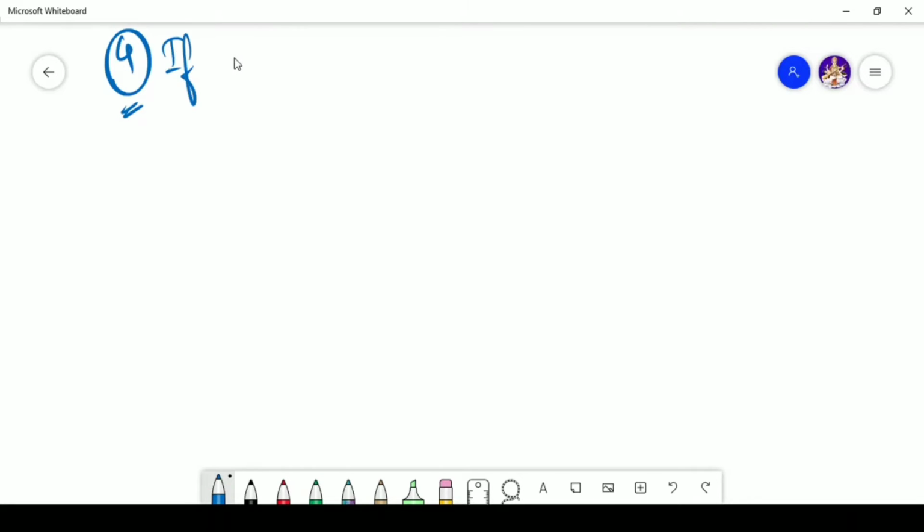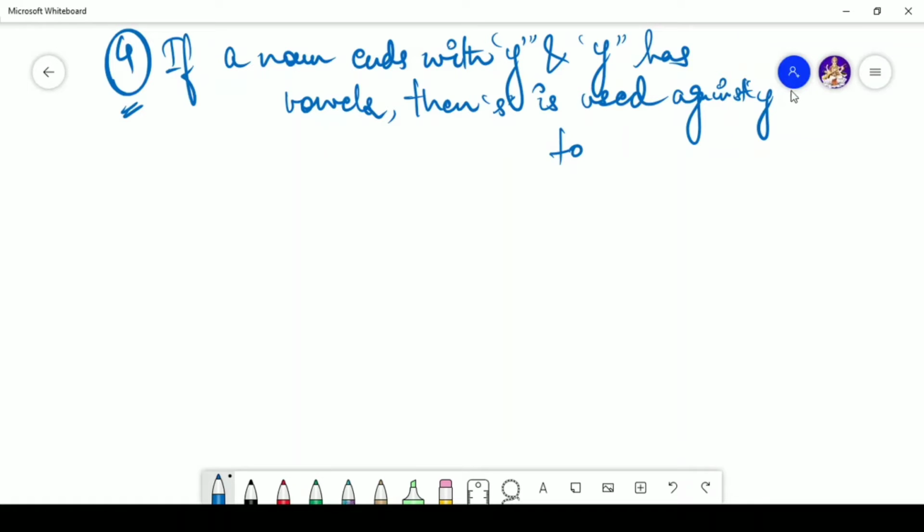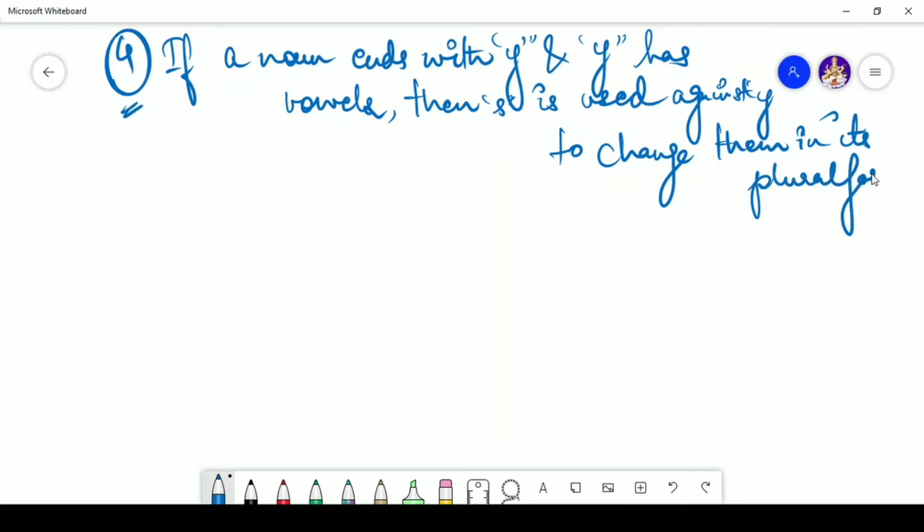The fourth rule says that if a noun ends with Y, and Y has vowels before it, then S is used against Y to change them into their plural form.